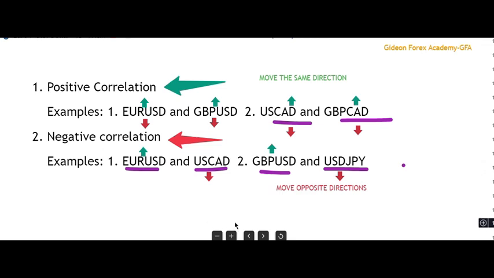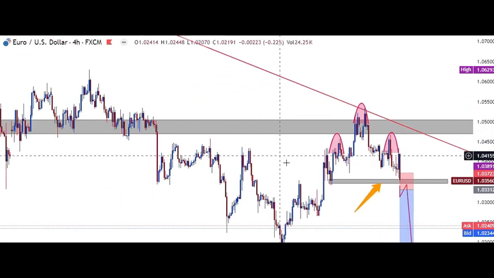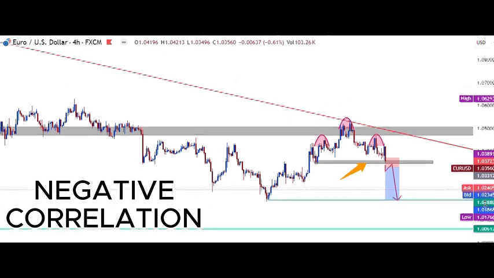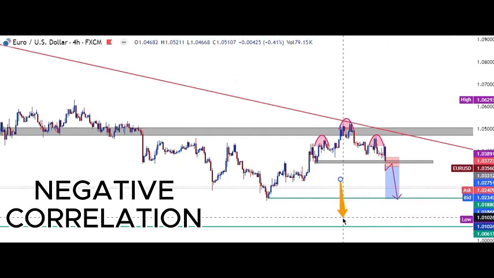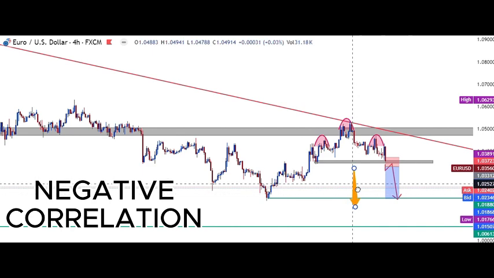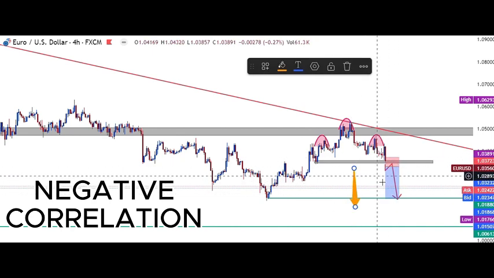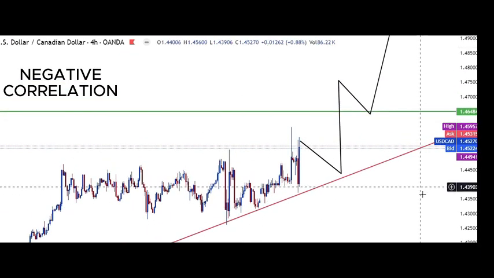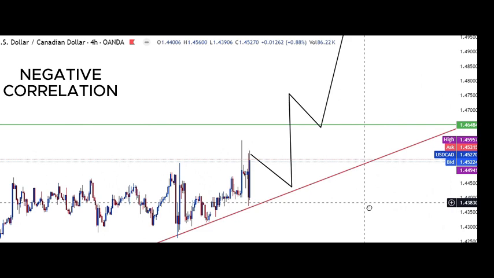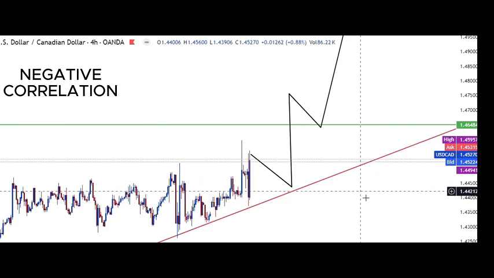All right? And so we are going to be looking at real charts so that you can see how these pairs behave. So we saw that EUR/USD is very much bearish, as you can see. But when you check a pair like USD/CAD, let's go back to USD/CAD. USD/CAD is bullish, all right.